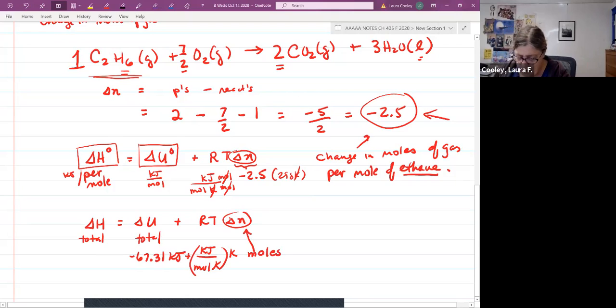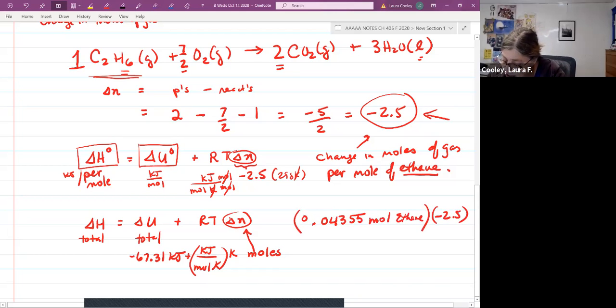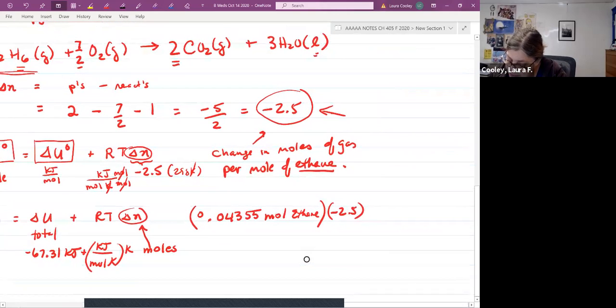When you're talking about the total amount, you have to remember that you have 0.04355 moles of ethane. And you would multiply that number by minus 2.5, because this is the change in moles per mole of ethane.